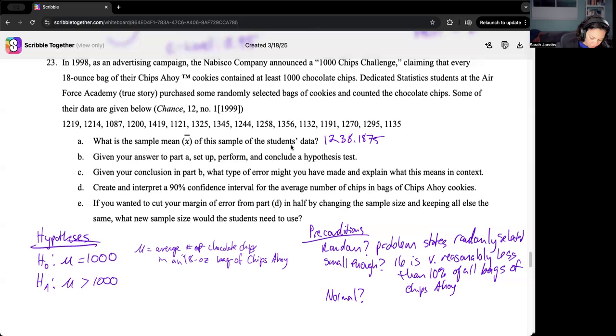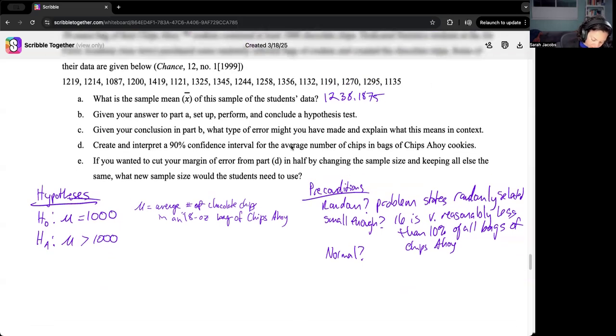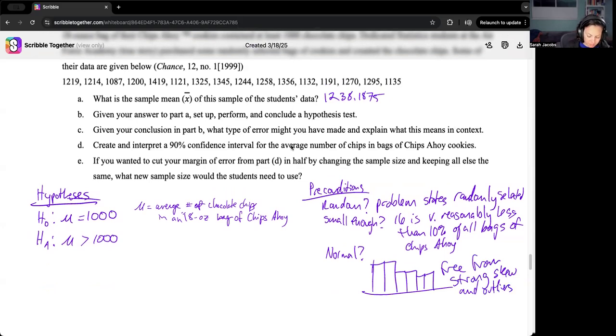It's not super normal, but we get a histogram that looks like this. I would say that's free from strong skew and outliers. Close enough.